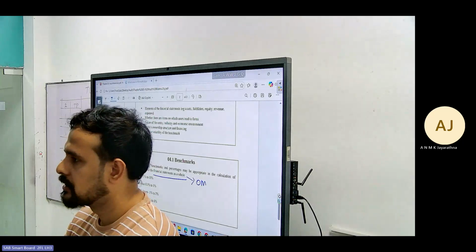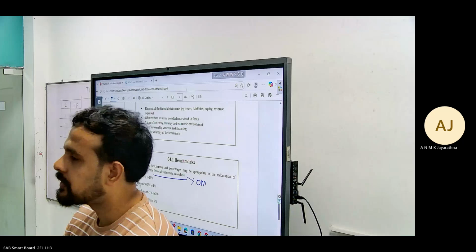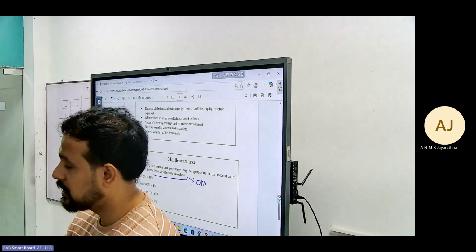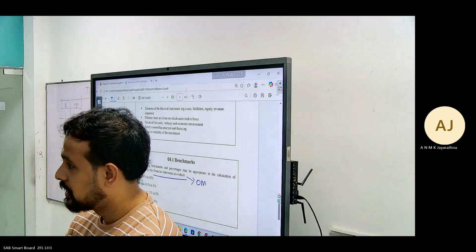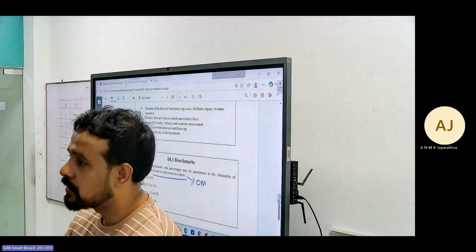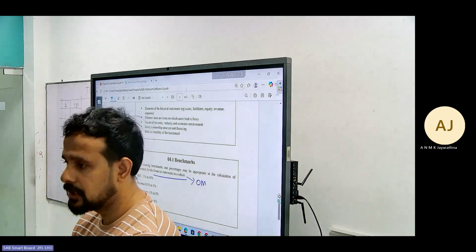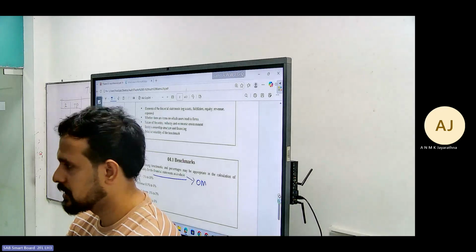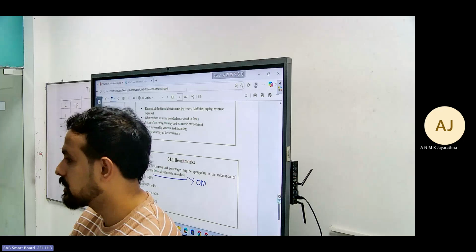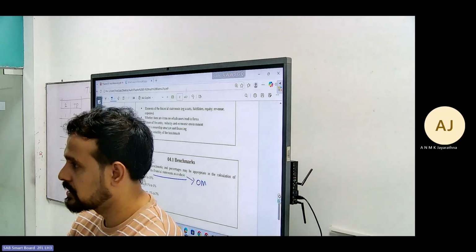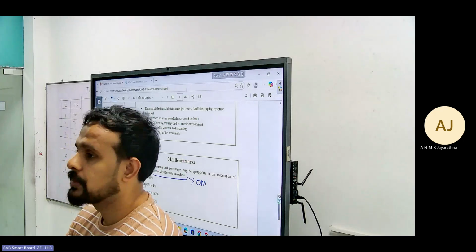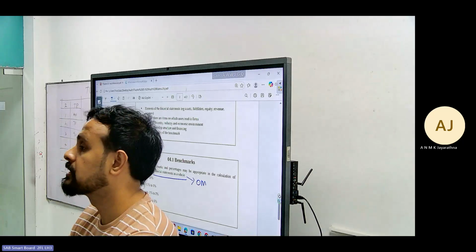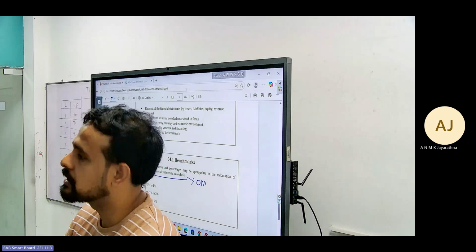They have to get the return. So auditors should think on behalf of shareholders, because as shareholders' representative only, auditors are checking the financial statements. If shareholders' main objective is profit making, then we also should consider profit as the base. By default, profit is the base.